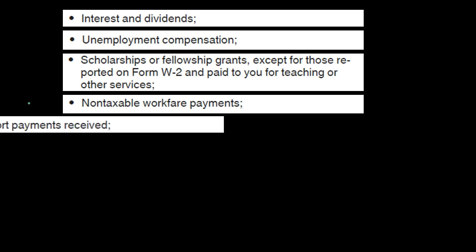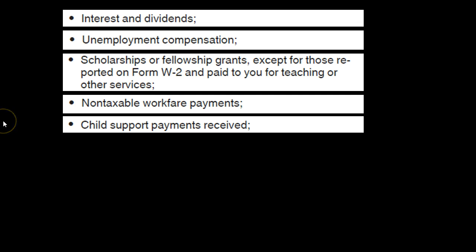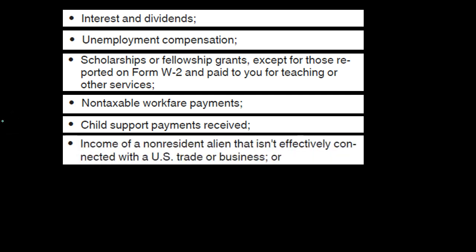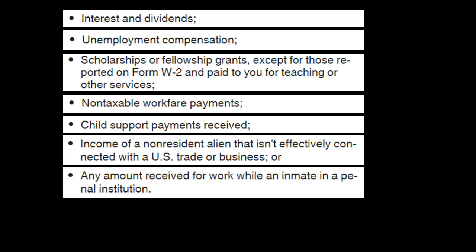Non-taxable workfare payments, child support payments received, so child support that was received is not typically earned income. Income of a non-resident alien that isn't effectively connected with a U.S. trade or business, or any amount received for work while an inmate in a penal institution.